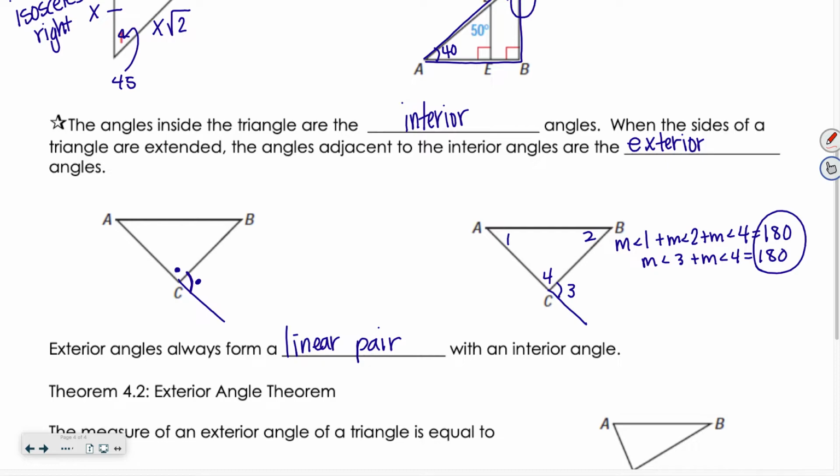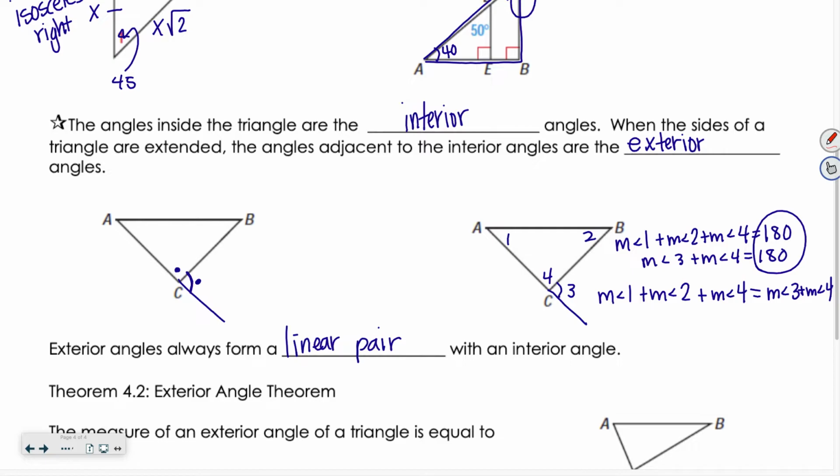So I could say the measure of angle 1 plus the measure of angle 2 plus the measure of angle 4 equals the measure of angle 3 plus the measure of angle 4, correct? Yep. Because if they both equal 180, then they have to equal each other. Do you have the same thing on both sides?